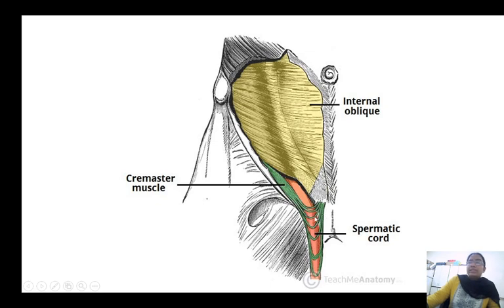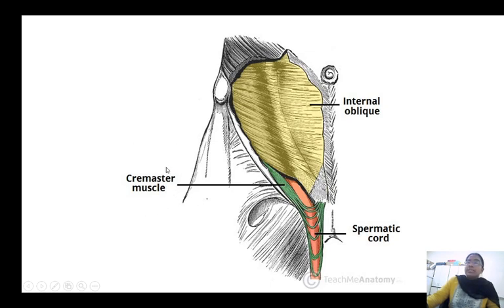Only some fibers or fasciculi are present around the round ligament of uterus. We should not say it is absent in females, but it is not well developed.